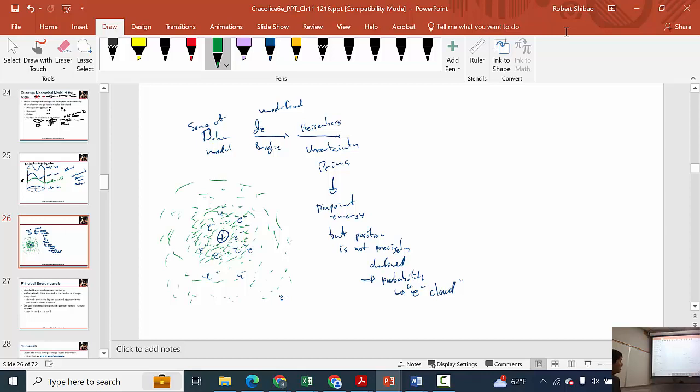In the electron cloud, the density is going to go to 0 at infinite distance. So, yeah, the electron can be kind of infinitely far away, but the probability of that is so small that it's unlikely.